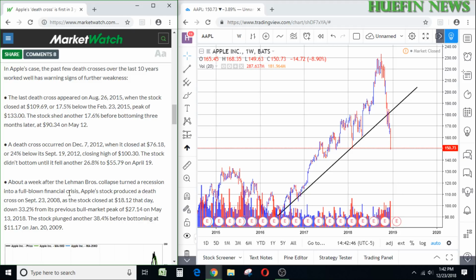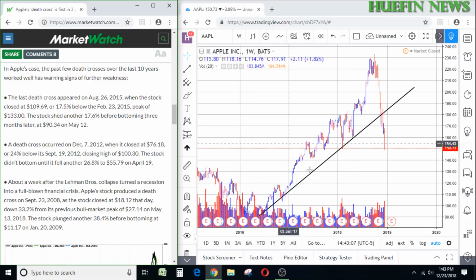The time before that was September 23rd, 2008, where Apple stock had fallen 33.2%, and then it plunged another 38.4% after that death cross occurred, finding support at $11.17.